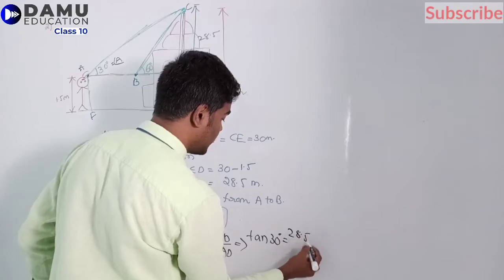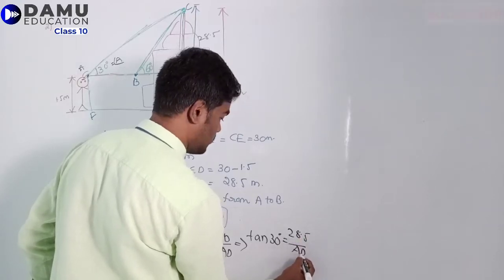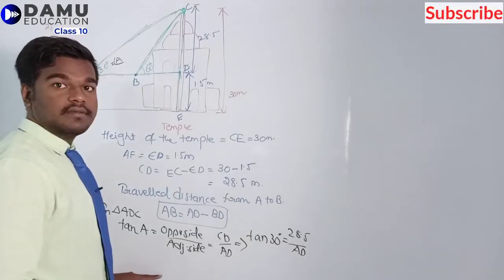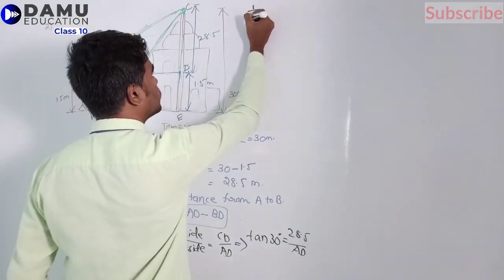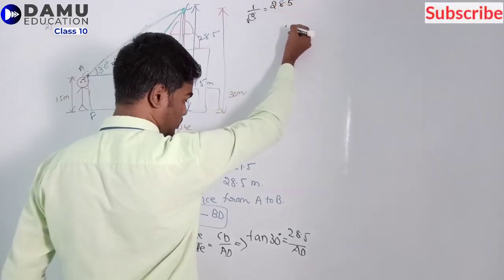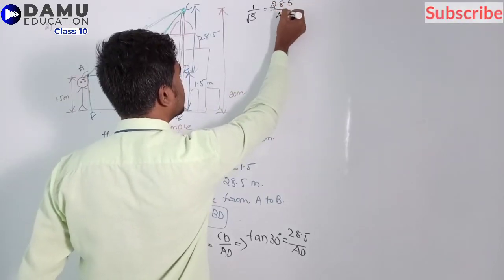28.5 by AD. So tan 30 degrees, which is 1 by root 3, will be equal to 28.5 by AD.